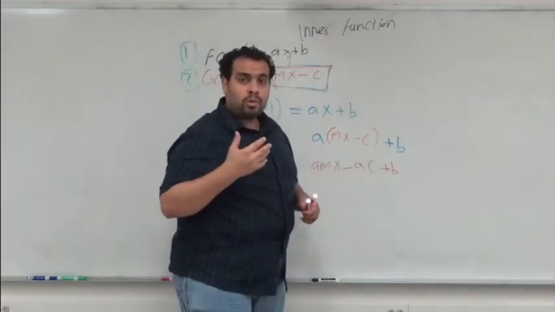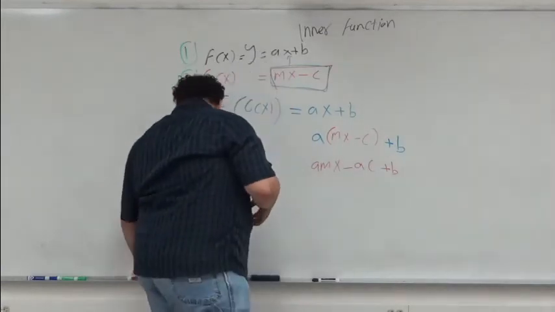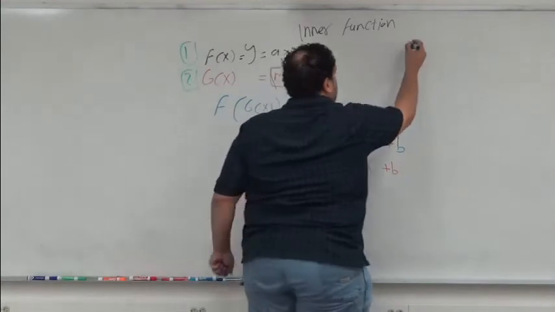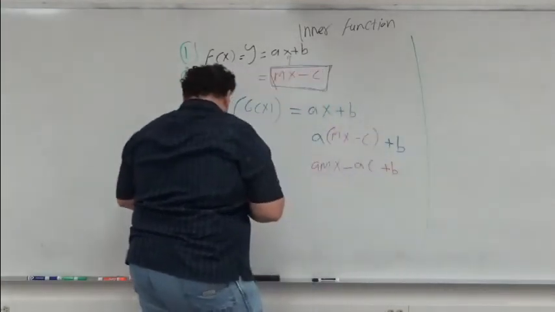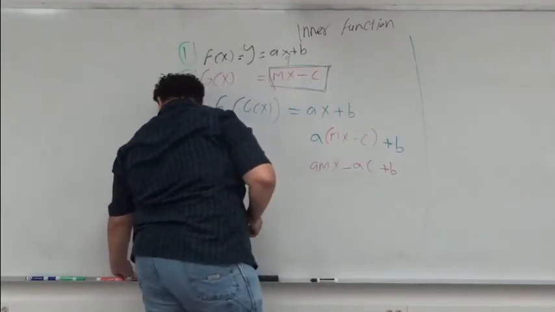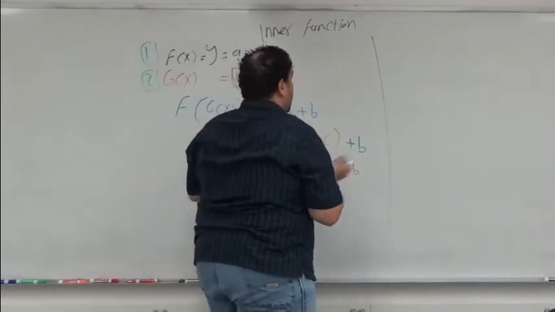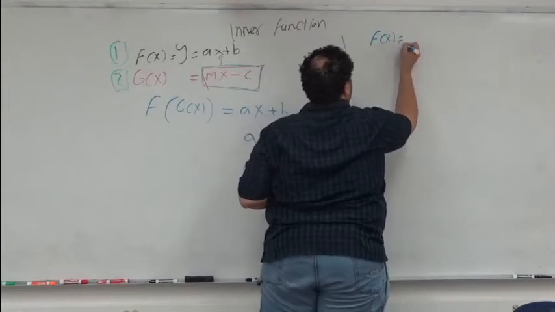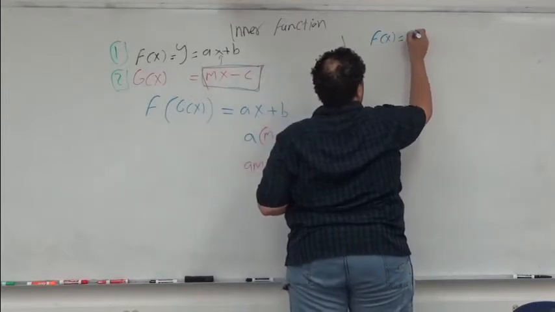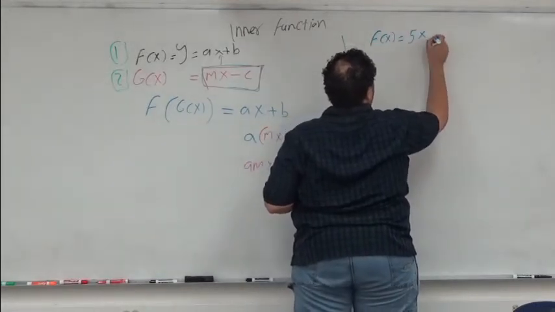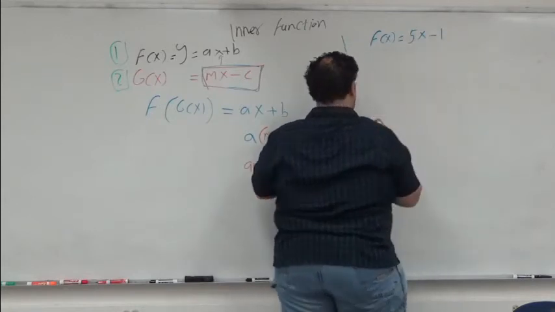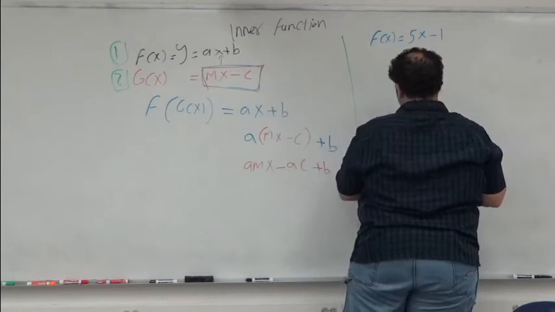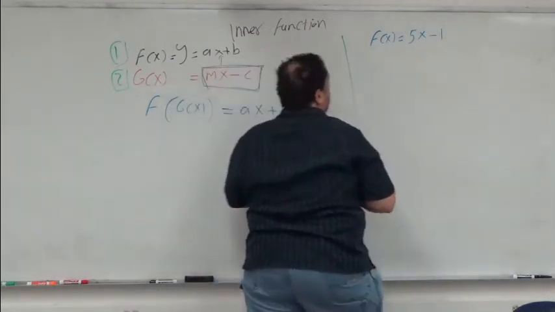Now, how to do it with numbers, and I hope that everyone knows. When we have f of x equal 5x minus 1, and this is equation number 1.